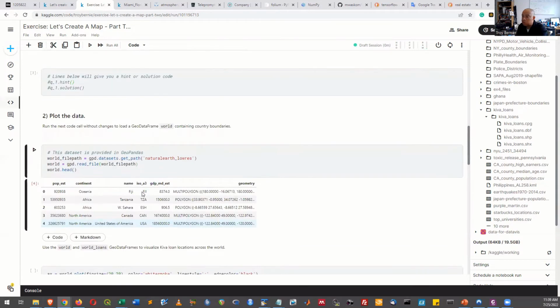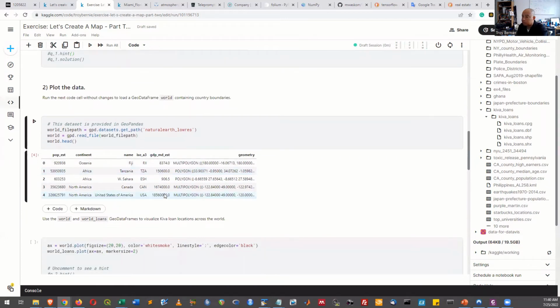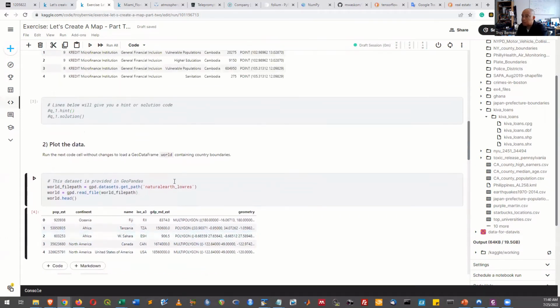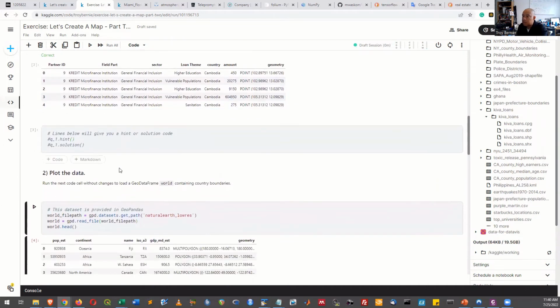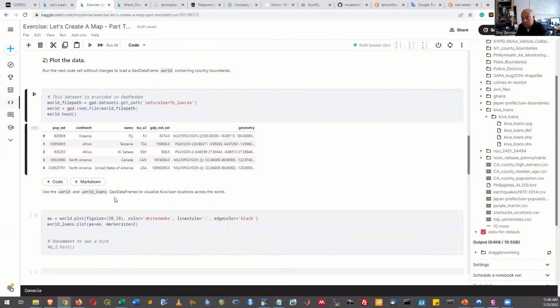So we've created a world projection, multi-polygons. Multi-polygons are many different shapefiles within a region. So Fiji, we're talking about a bunch of islands in Oceania. Okay, that's why it's like that. That's why you have these multi-polygons. So we're going to be basically projecting this data set and this data set, two separate data sets.